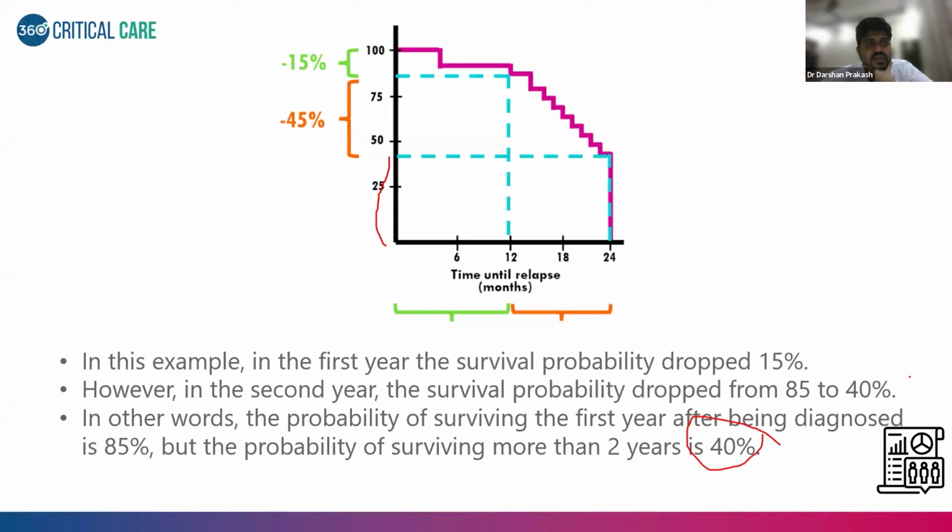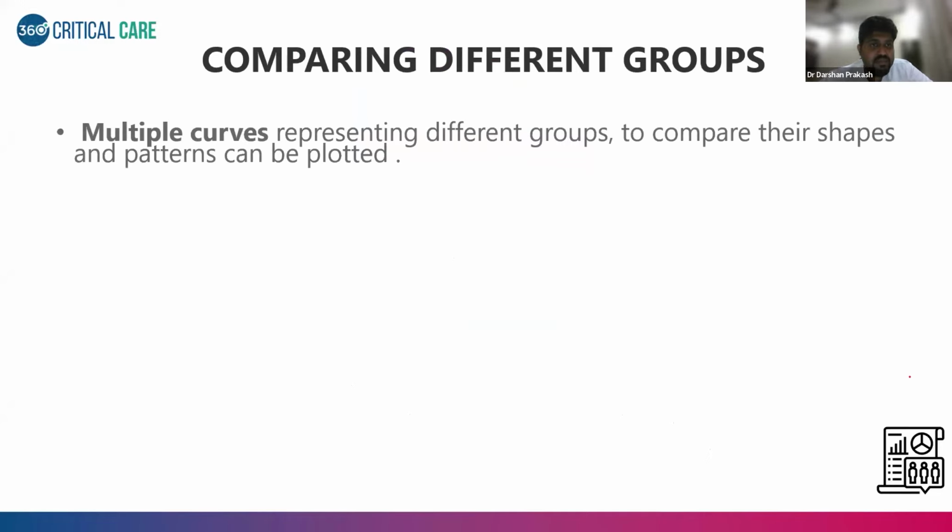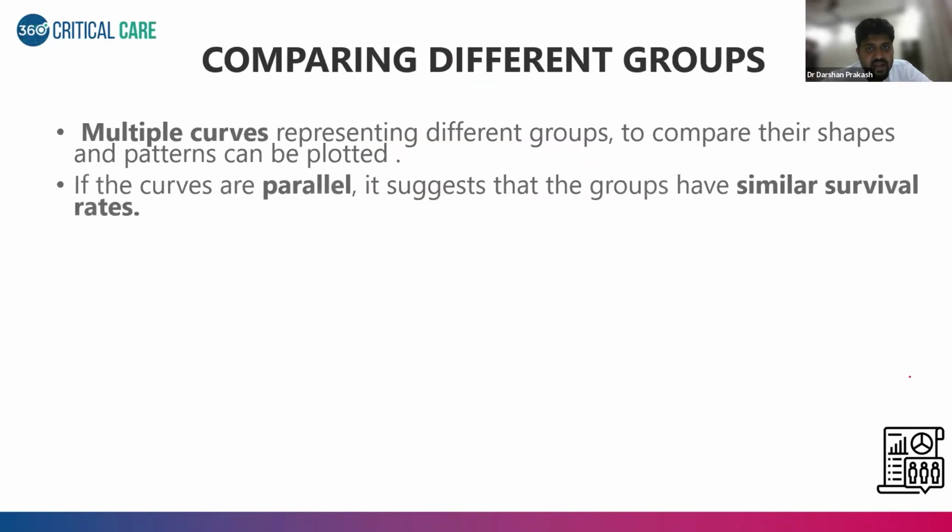Comparing different groups. Multiple curves representing different groups can be plotted to compare the shapes and patterns. If the curves are parallel to each other, it suggests that there is similar survival in the two groups. So you can take cancer relapse in patients gender wise, male versus female for a particular type of cancer, or you can take smoking and lung cancer as well.